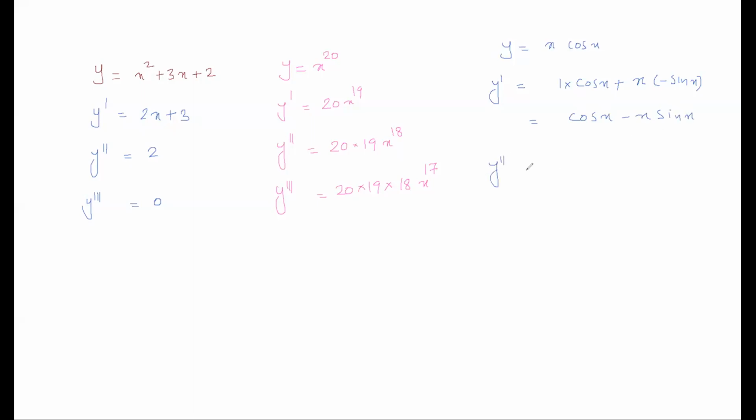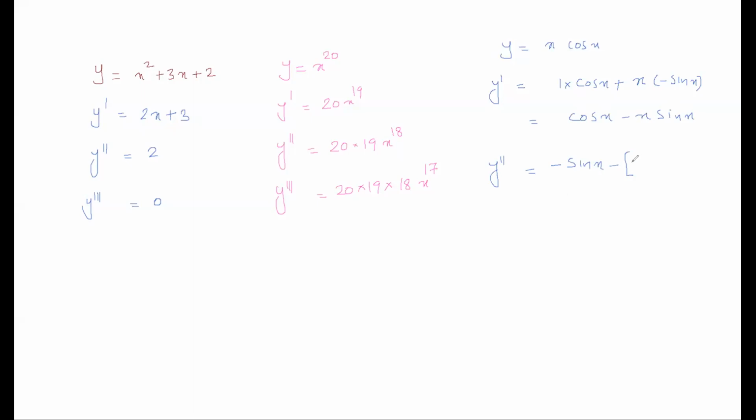Now its derivative, second derivative. So difference of two functions. So derivative of the difference is difference of the derivatives. Cos x derivative is minus sin x, then minus, in bracket it is again product of two functions. You have to apply the product rule.